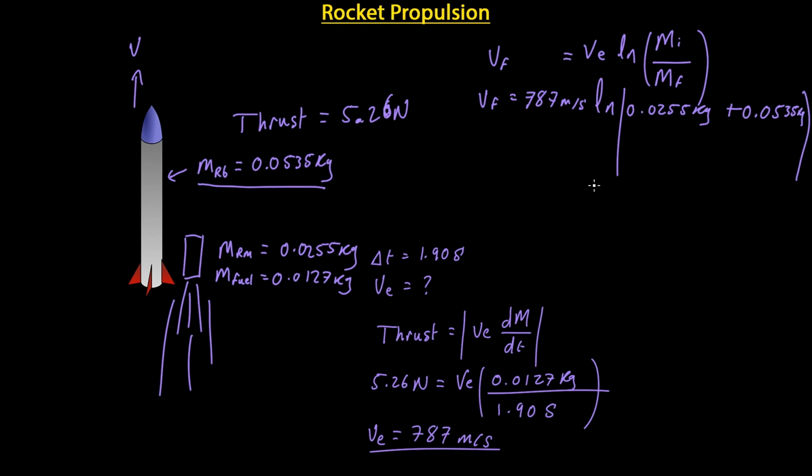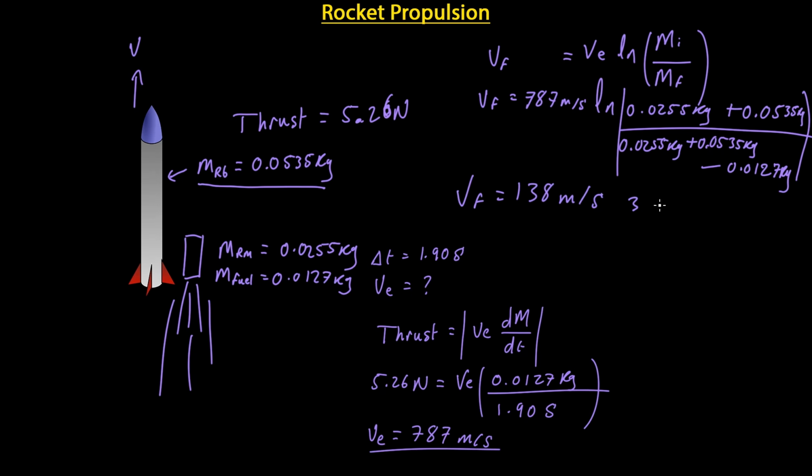And the final mass is going to be the mass of the rocket body and the mass of the rocket motor, but minus the mass of the fuel, because the fuel doesn't belong to the rocket anymore. It's been expelled out the back. So that'd be 0.0255 kilograms plus 0.0535 kilograms minus 0.0127 kilograms. And when we sum this all together, we get a final velocity for our rocket being 138 meters per second to 3 significant figures.